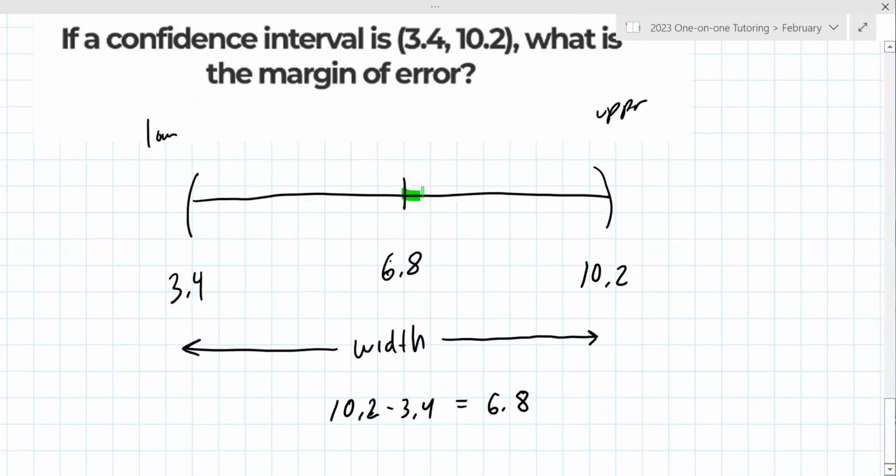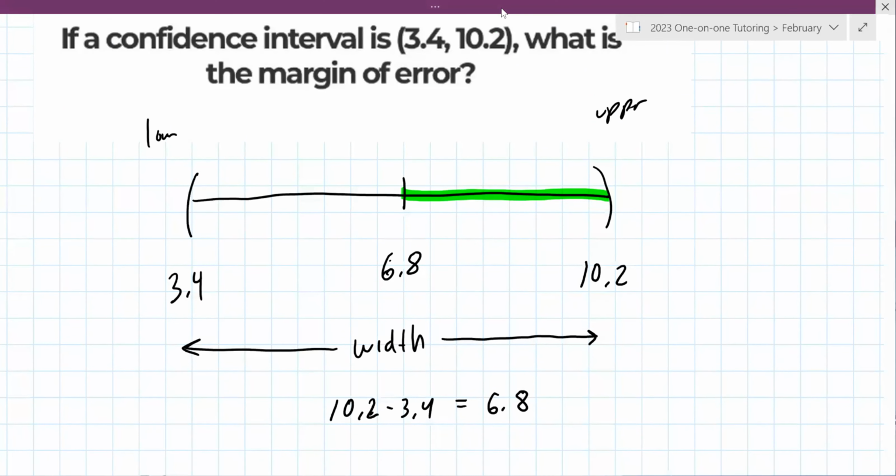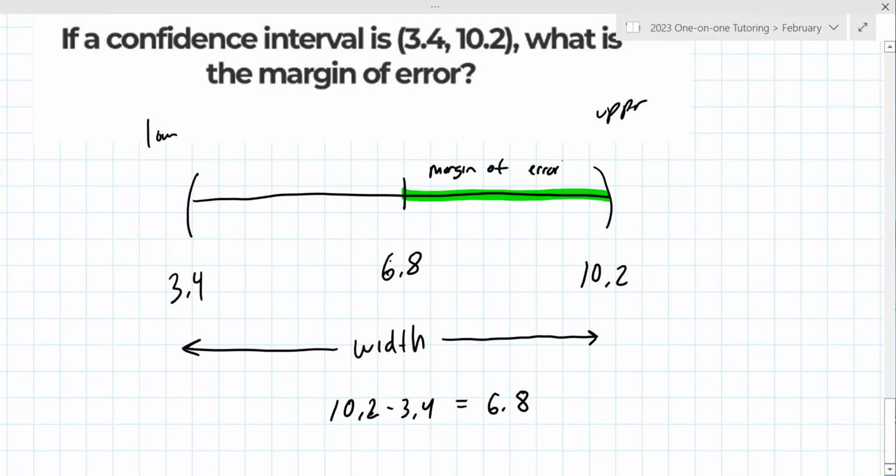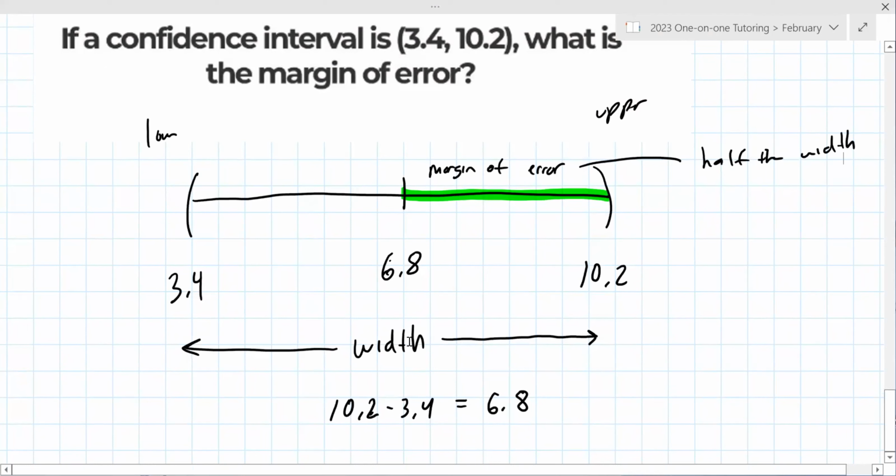The margin of error is half the width. So the width is the full length. The margin of error is half of that.